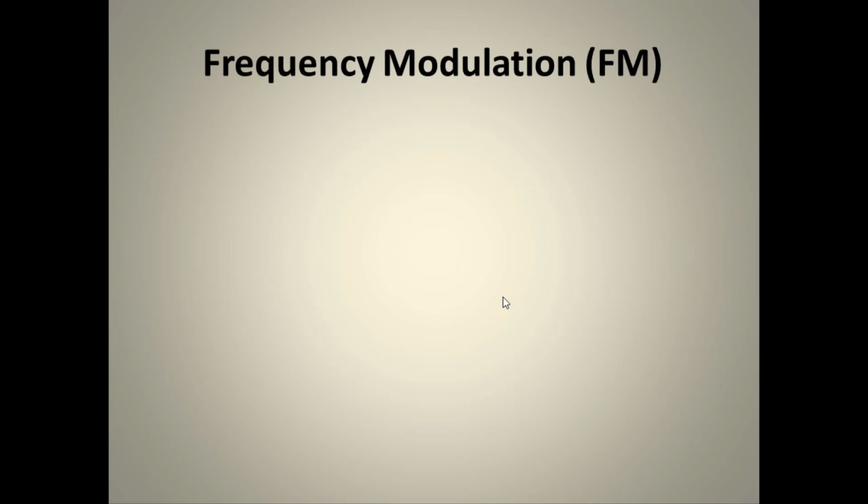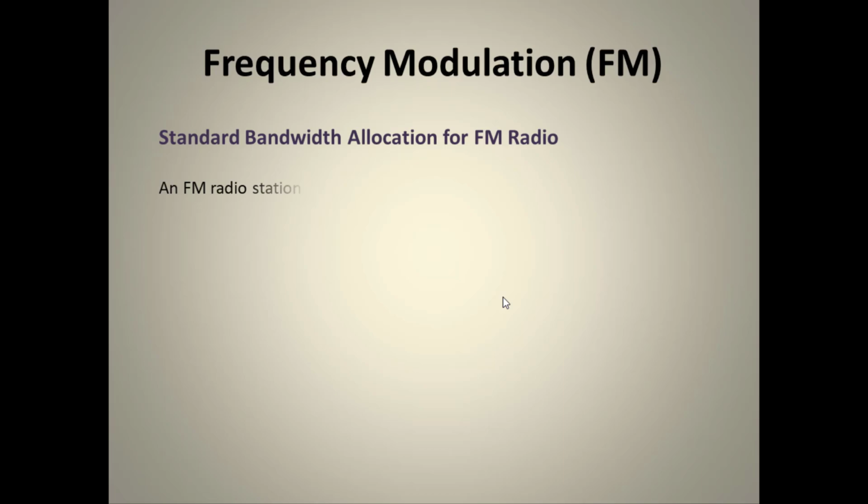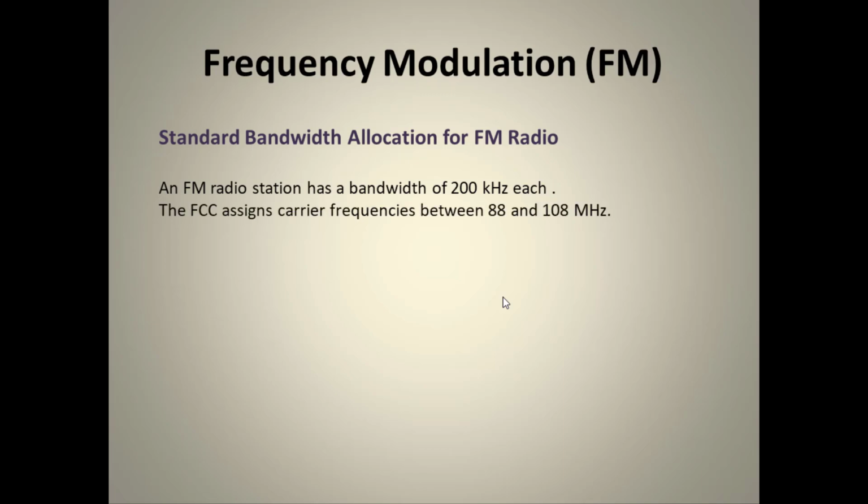Now in case of frequency modulation, we have the FM radio. An FM radio station has a bandwidth of 200 kilohertz. It is 20 times more than AM. Therefore FM radio has good quality. The FCC assigns the frequency for FM radios from 88 megahertz to 108 megahertz.